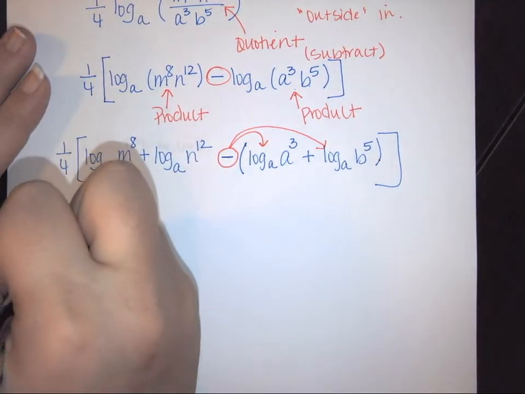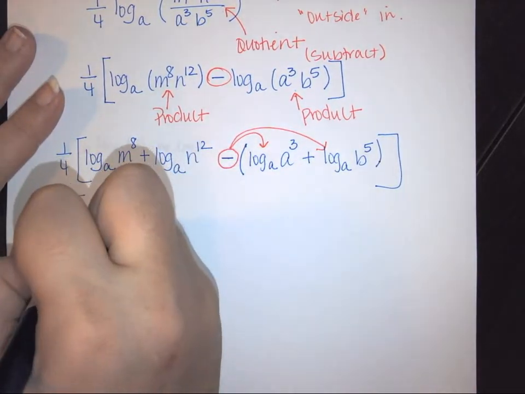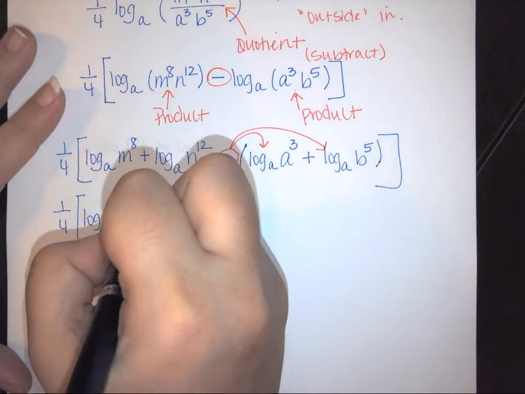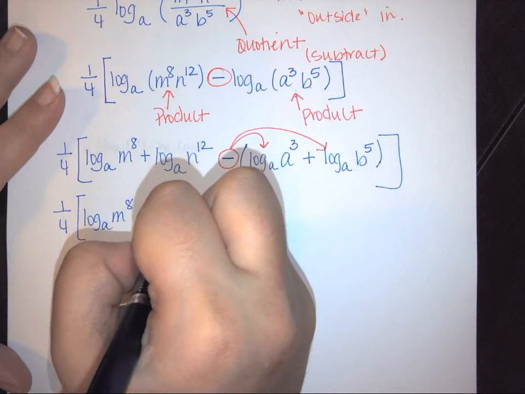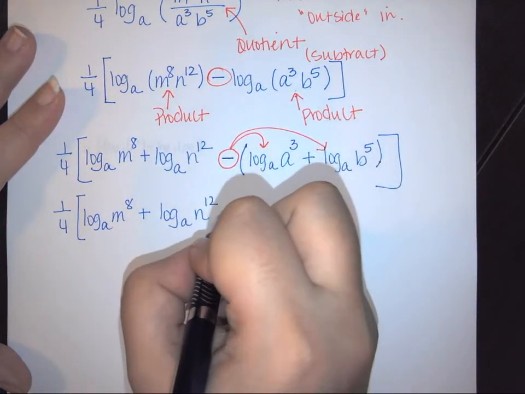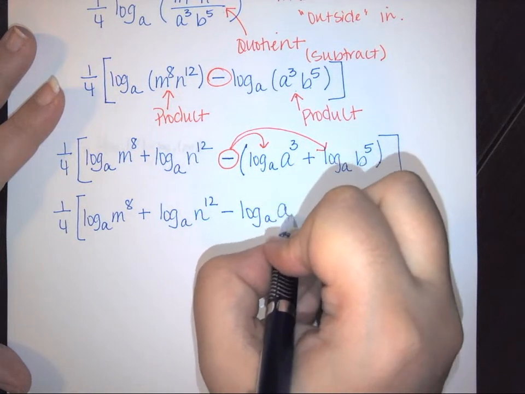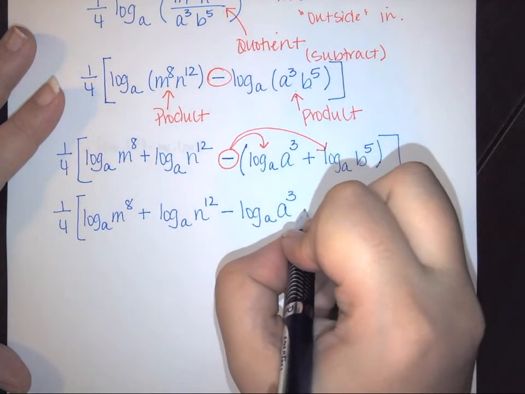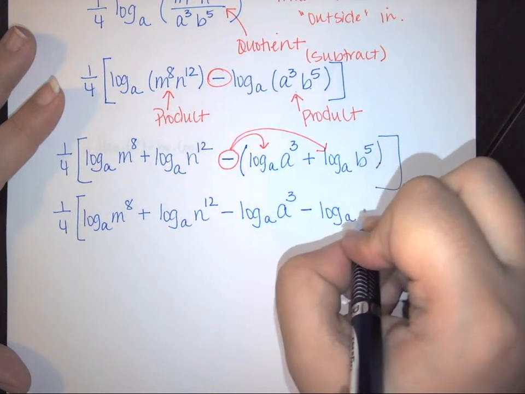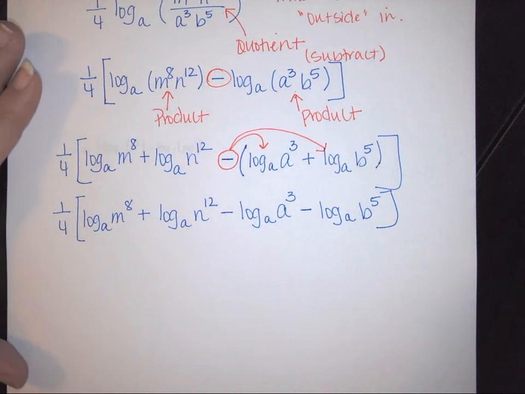So this is going to be 1/4 times the log base A of m to the 8th plus the log base A of n to the 12th minus the log base A of a to the 3rd minus the log base A of b to the 5th, and close it up.